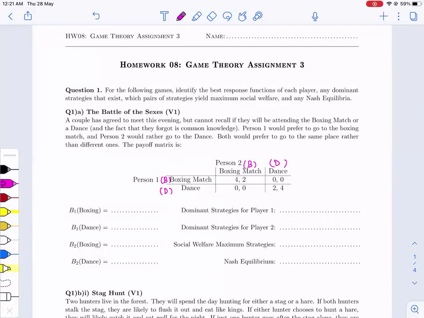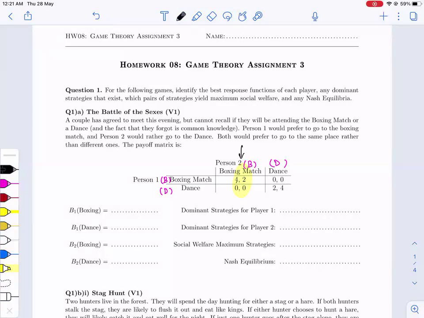Now, let's look at B1 of boxing, which means that when person 2 decides to go for the boxing match, what is the best response for person 1? So look at the column corresponding to boxing match for person 2, and then look at the highest payoff for person 1.